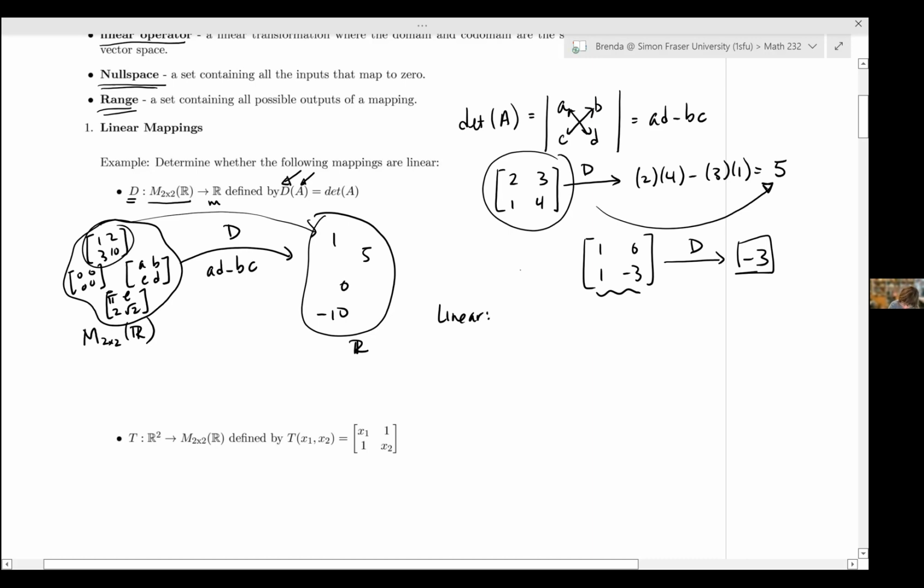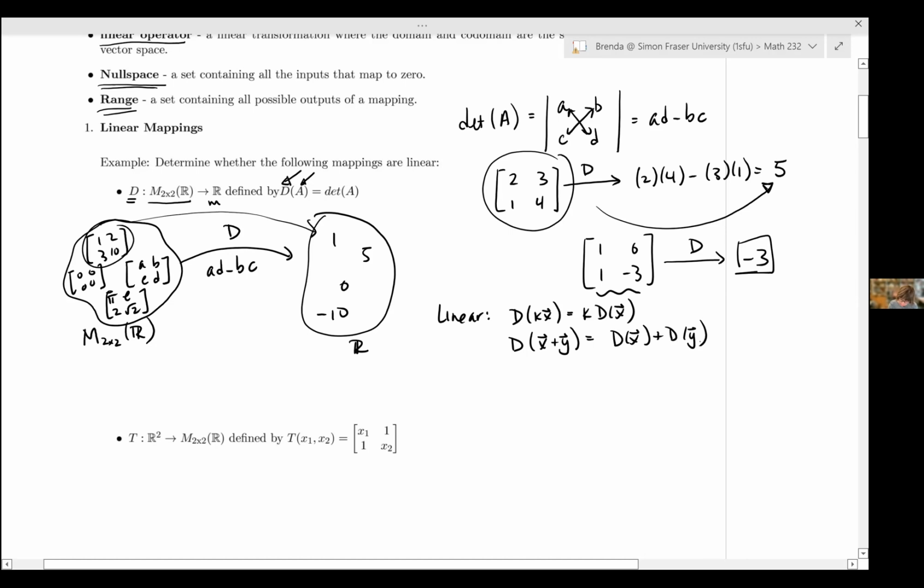It would mean that D of kx is equal to k times D of x. That is the scalar multiplication. And then D of x plus y is equal to D of x plus D of y. That's what it means to be a linear transformation.